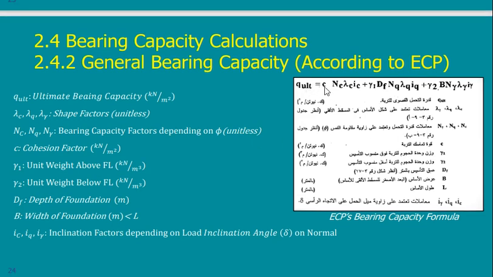Q ultimate equals C, which is the cohesion of the soil, multiplied by NC, lambda C, IC, all of these are parameters, plus gamma 1 and gamma 2 terms. Gamma is, as we said, the unit weight of the soil, but they split it into 1 and 2 because 1 is for the soil above the foundation and 2 for the soil below the foundation.